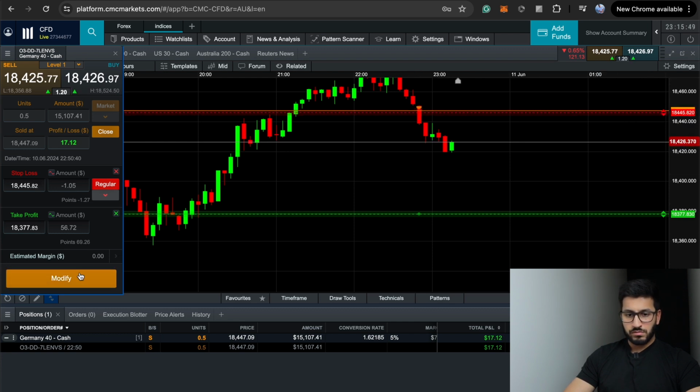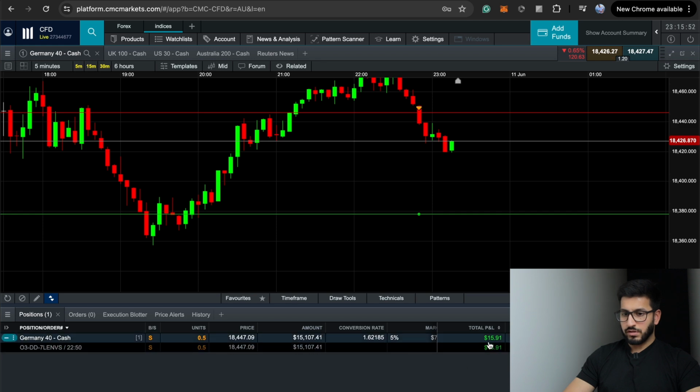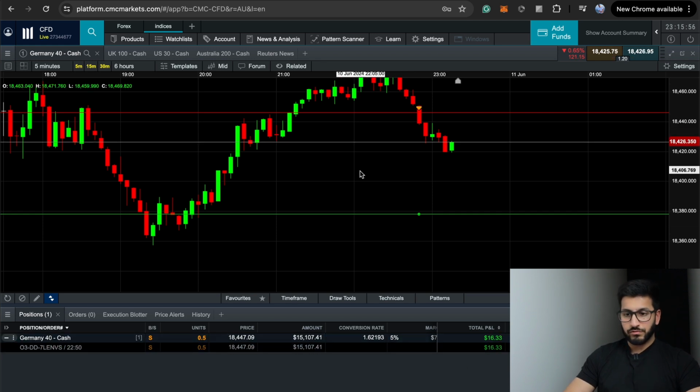A little bit of stop loss, so that if I lose this, I still get something to cover the brokerage, even though it's already covered in the price.